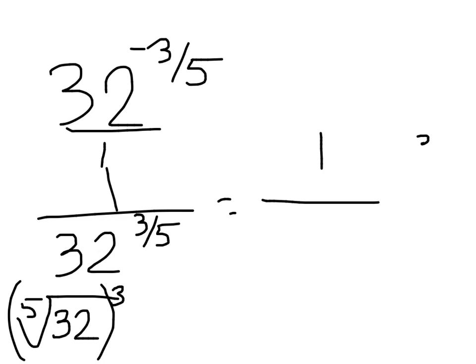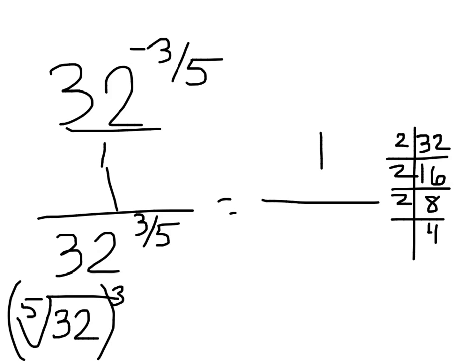So 32, can 2 go into 32? Yes. How many times? 16. Can 2 go into 16? 8. Can 2 go into 8? How about into 4? How about into 2? Is there 5 of the same things? Yep.